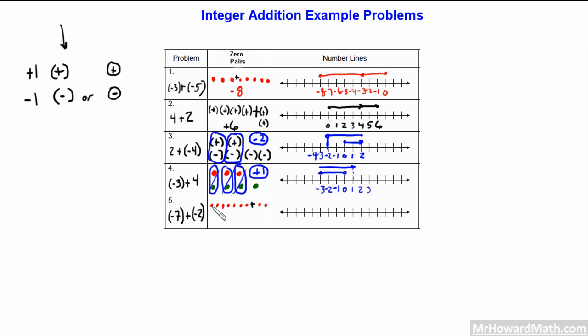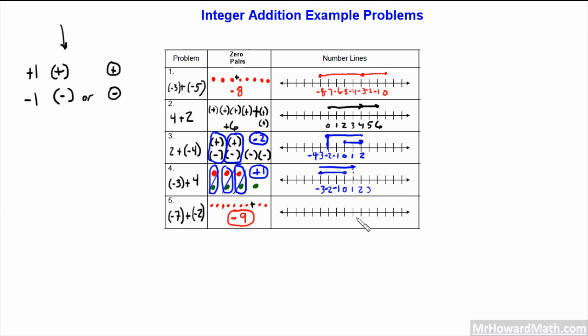Let's just make sure we've got it correct. 1, 2, 3, 4, 5, 6, 7, and that's a negative, so they're red, plus 1, 2 more negatives. Alright, so that's 1, 2, 3, 4, 5, 6, 7, 8, 9 negatives. Alright, so the answer is negative 9. We had 9 total, and they're all negative. They're all red. No zero pairs. So the answer is negative 9.